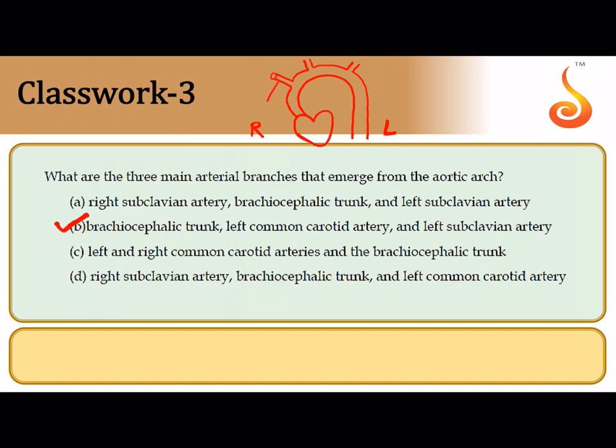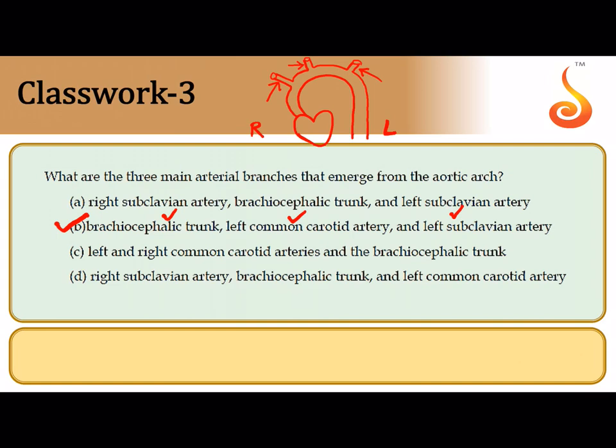The first branch is called the brachiocephalic artery. The second branch is called the common carotid on the left side, and the third branch is called the left subclavian artery. So three branches, that is brachiocephalic, left common carotid, and left subclavian, is formed by the aortic arch.